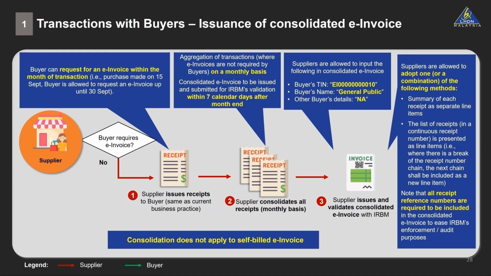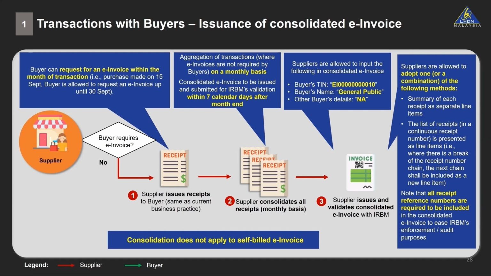In cases kalau kata buyer tidak memerlukan invoice, so the seller boleh issue receipt macam biasa, macam praktis yang biasa sekarang ni. Hanya kalau kata buyer tu kemudiannya nak memerlukan e-invoice, dia hanya allow dalam bulan tu saja untuk dia mohon e-invoice. So untuk supplier pula, within the 7 days of the end of that month, kena buat consolidated invoice lah.